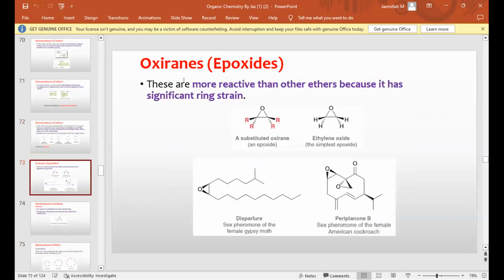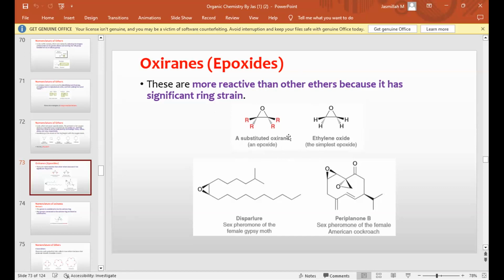Oxiranes are more reactive than other ethers because of the significant ring strain. If you remember yesterday, I told you the smaller rings have more ring strain in comparison to the bigger rings. So you see this one has so much strain, so these compounds are very reactive.